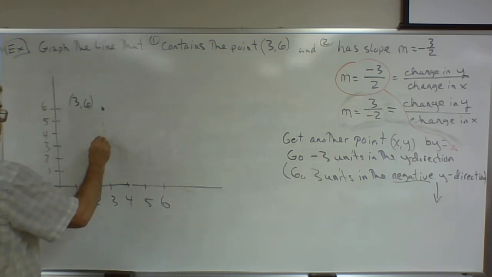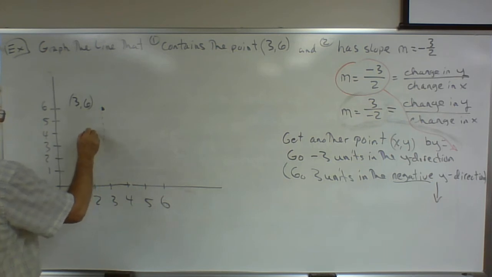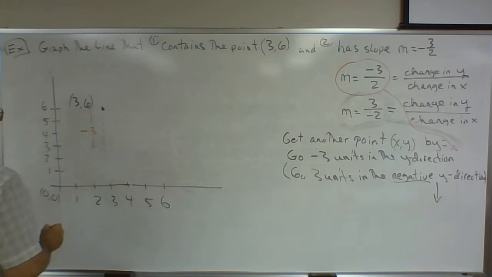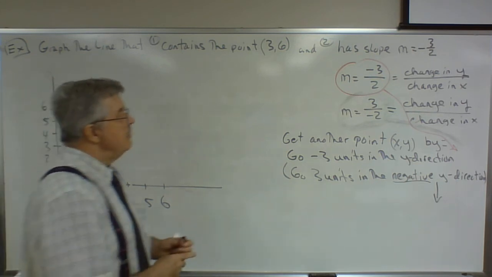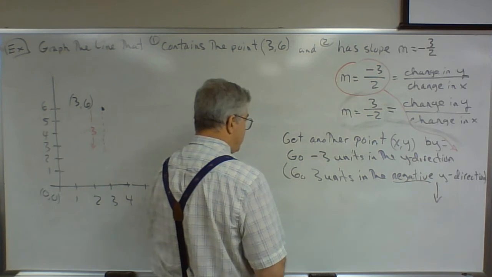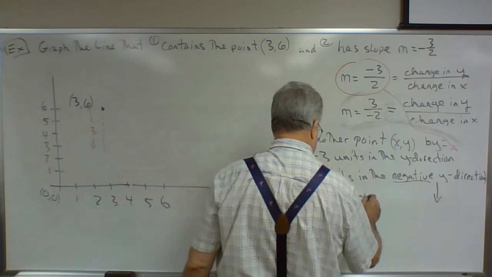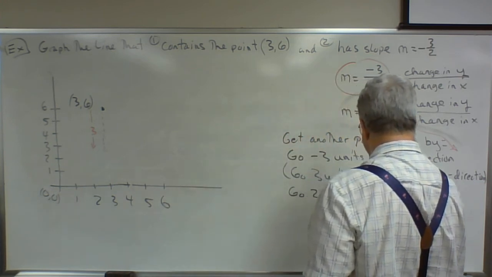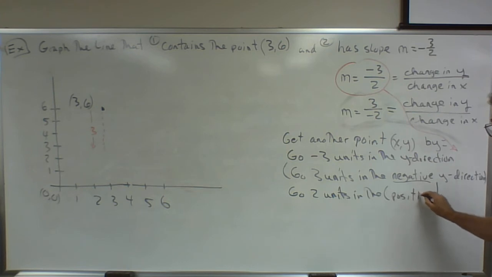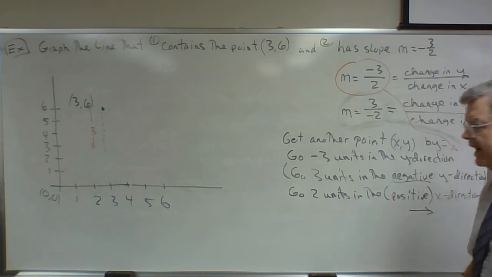Okay. -3 units, or 3 units in the negative y direction. And then we're going to go 2 units in the positive x direction. The positive x direction is toward the right.